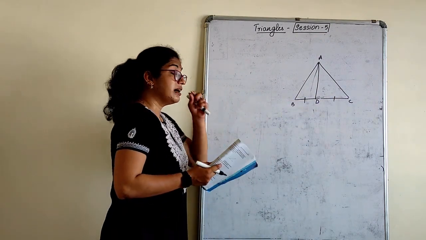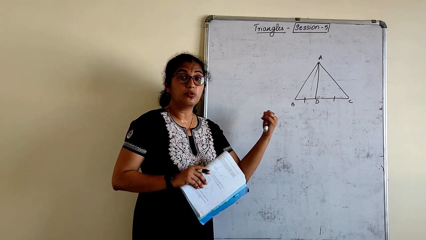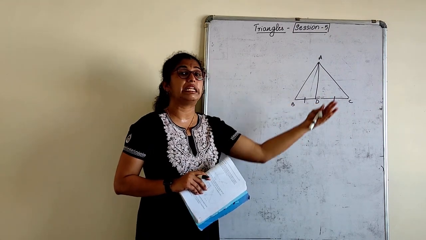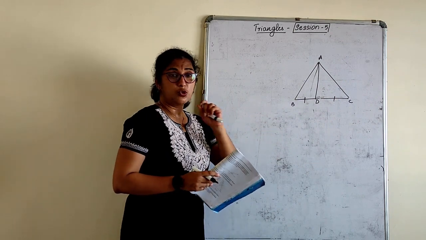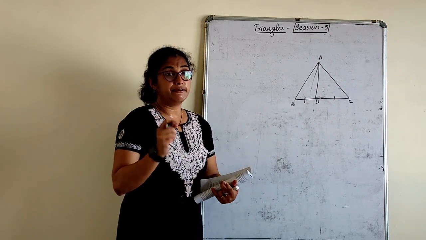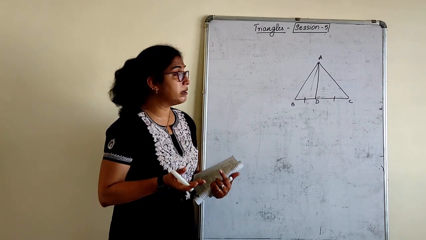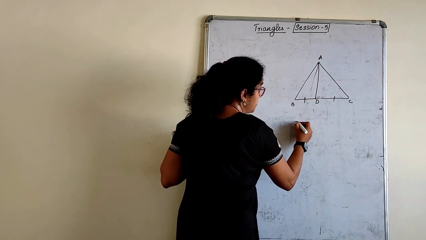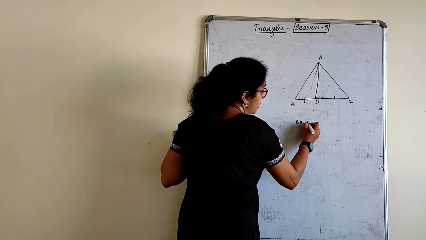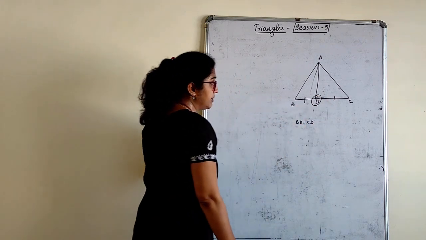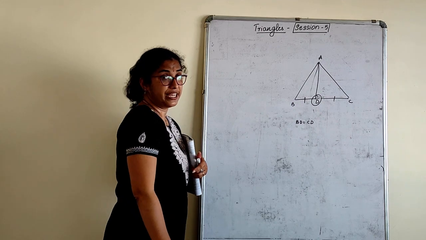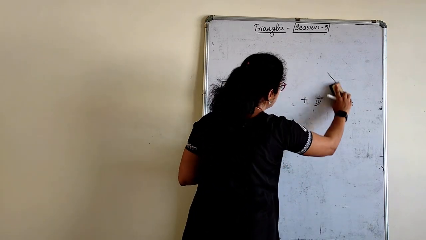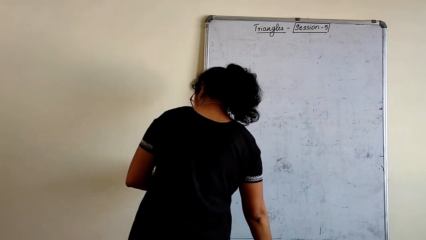Not only that, a median divides the triangle into two parts of equal area, you will study the median property later again. So for now, let's only understand that a median divides the triangle into two equal parts. That means if I tell you AD is the median, then BD is equal to CD, D acts as the midpoint of the side. So that property you should know to solve the problem here.